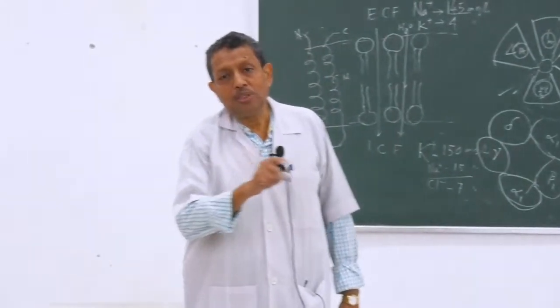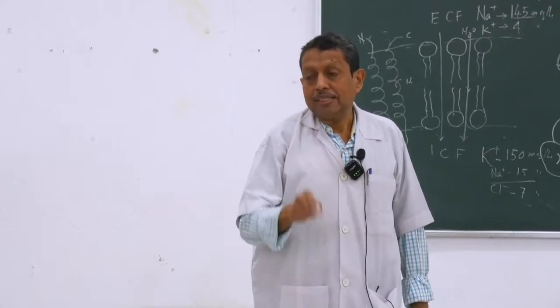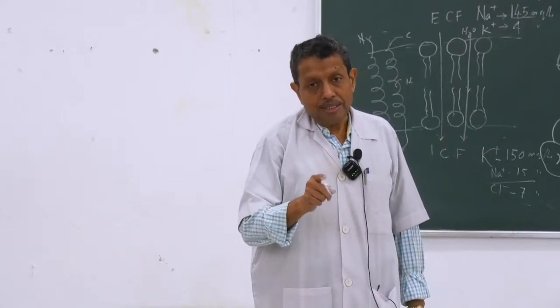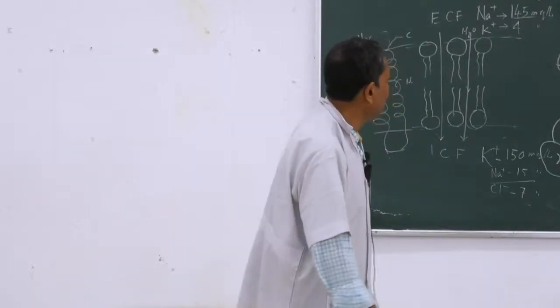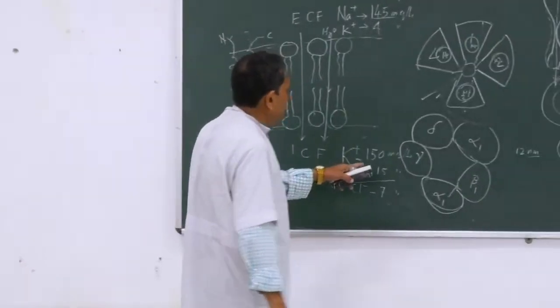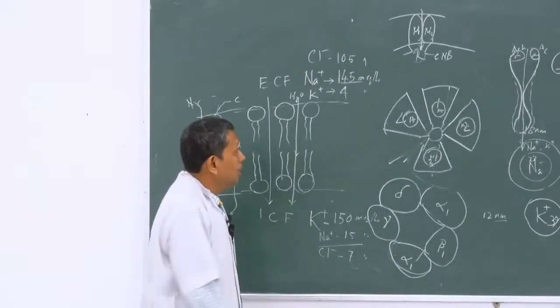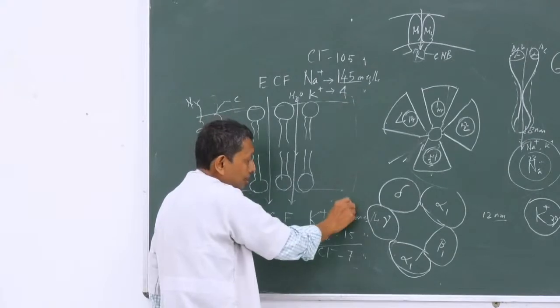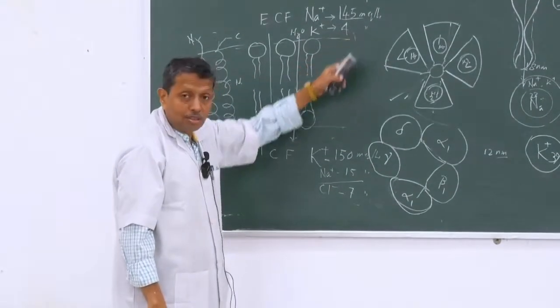ATP is broken down into ADP and inorganic phosphate, and this is responsible for the movement. Similarly, potassium ion is more in the intracellular fluid. So the tendency of potassium is to go outside, and it requires cellular energy to push potassium from outside to inside.